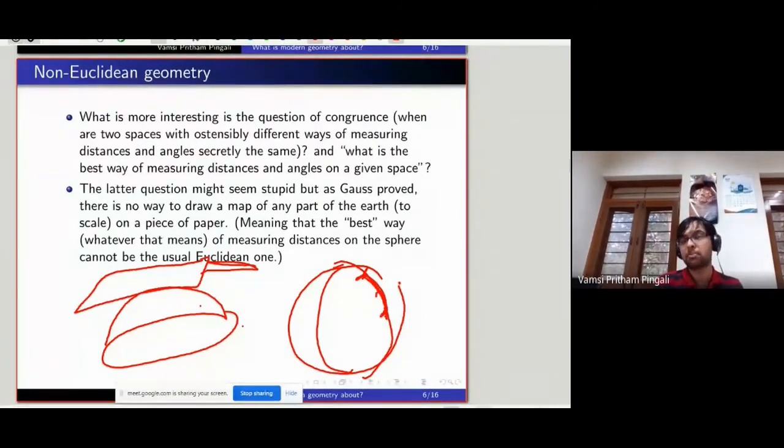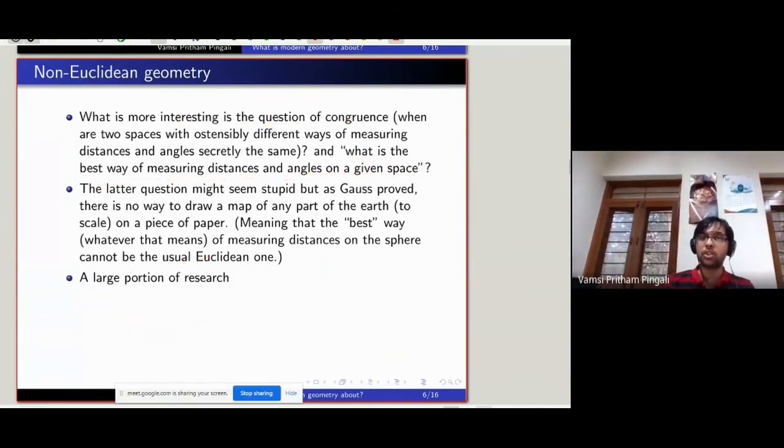So what is the best possible way? This question makes sense because if you give me one single shape, you can twist it and turn it and bend it, and you can make sure that the way to measure distances is very different, okay? So what is the best possible way of doing it? These are two kinds of questions that modern geometers attempt to answer.